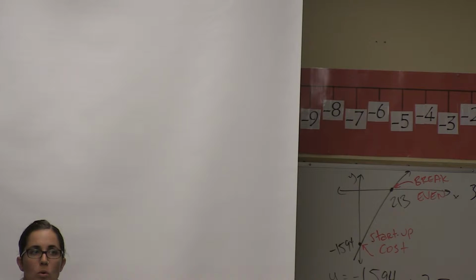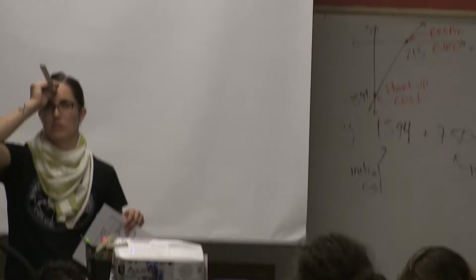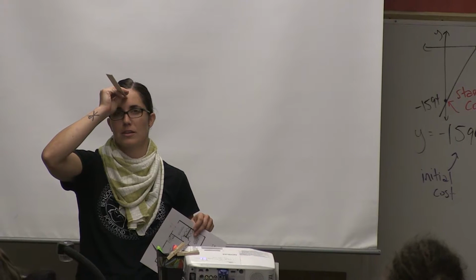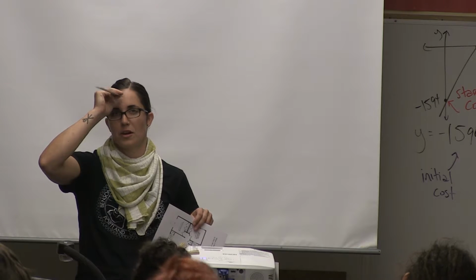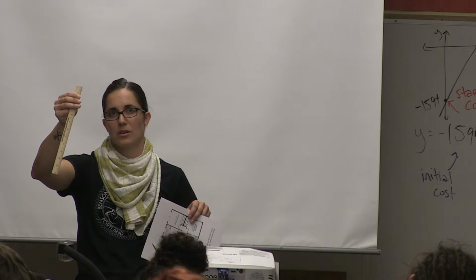I need to know what 1 inch, how many, wait, is that what I want to know? What do I want to know? For scale. Well, what each foot is on here. That's your inch per foot.